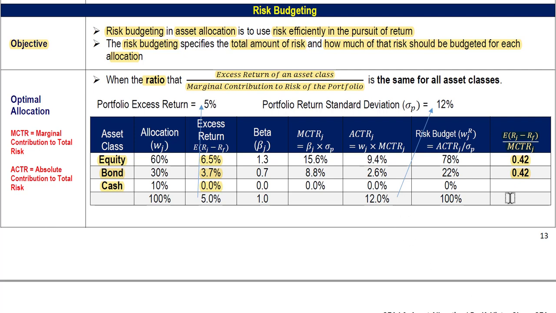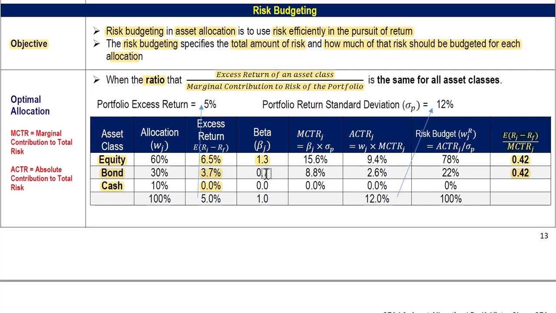Then how do we calculate this MCTR, the marginal contribution to risk of the portfolio? TR means total risk. Here is the procedure. First, we use the beta coefficient, but remember this beta is not the beta to the market portfolio.